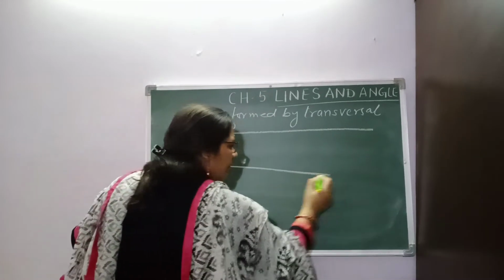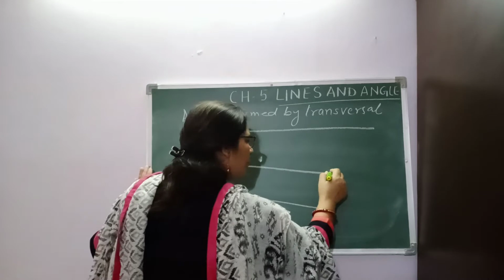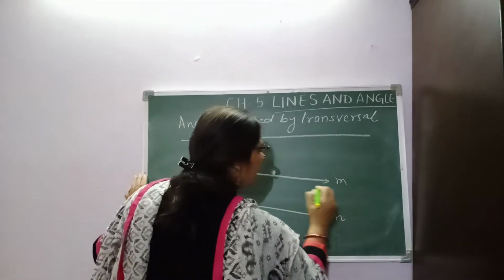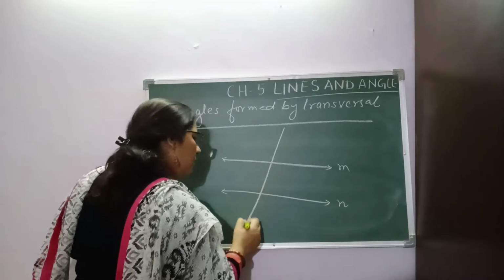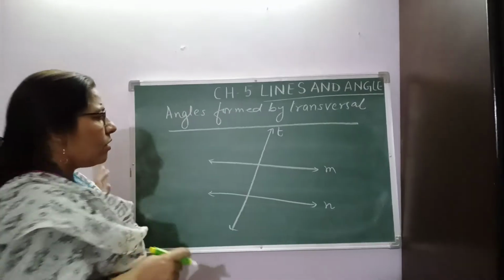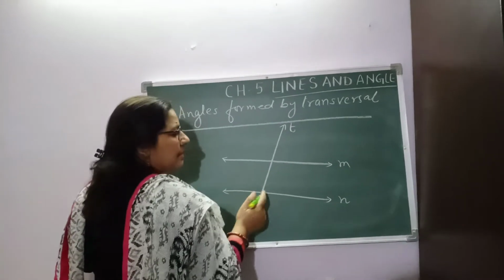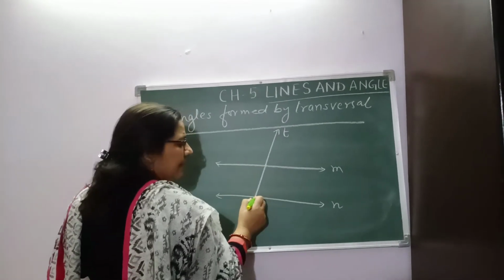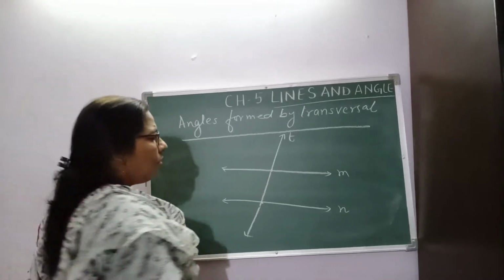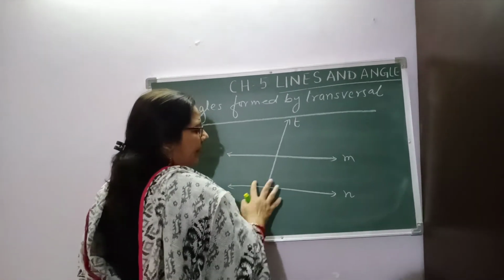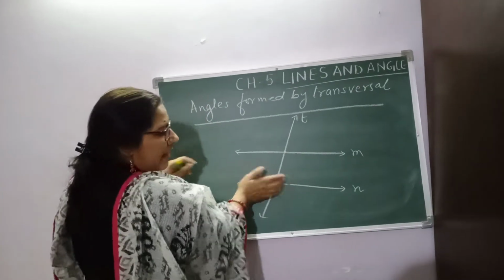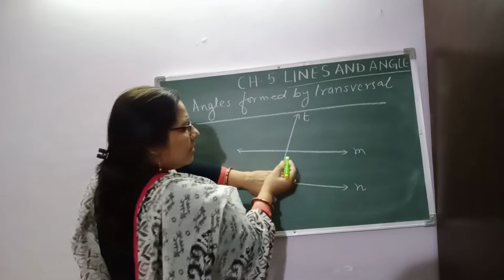See, we have two parallel lines, named M and N, and this transversal is T. We see that the transversal intersects the two parallel lines at distinct points, here and here. So now it is divided into different parts. Just leave this part and try to understand.